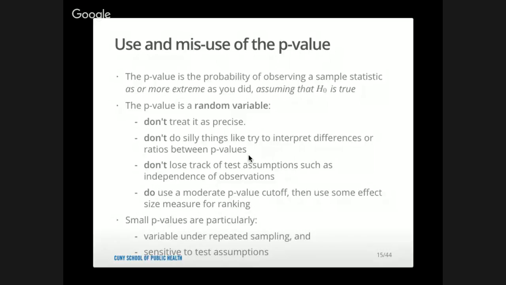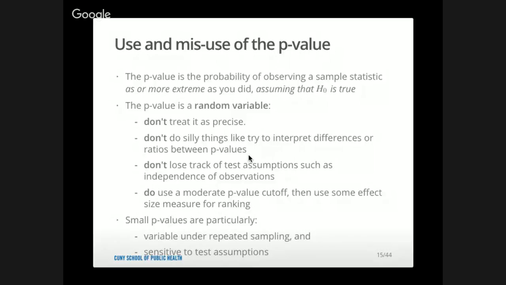If you're talking around p equals 0.05, your p-values will be very similar depending on which of those distributions you use. But if you're talking about p-values out at 0.0001, they'll be very different depending on which sampling distribution you're assuming. So small p-values are especially sensitive both to sampling and to test assumptions.